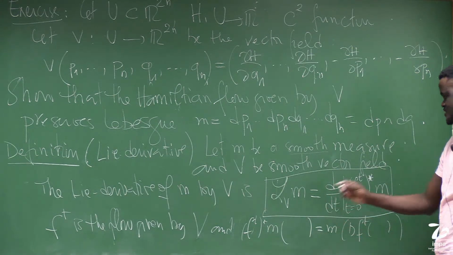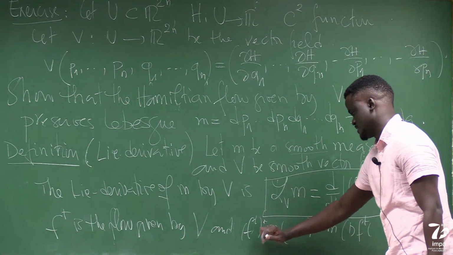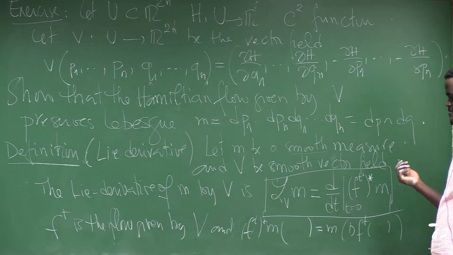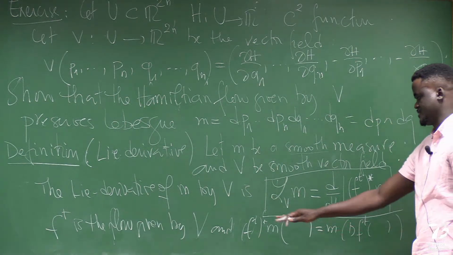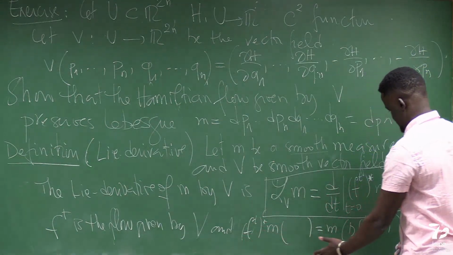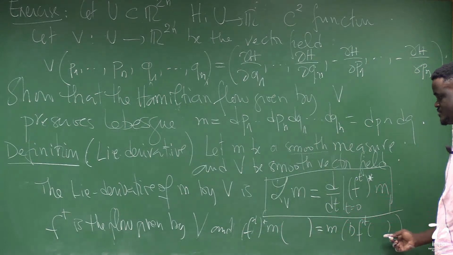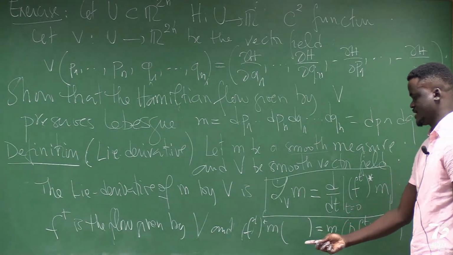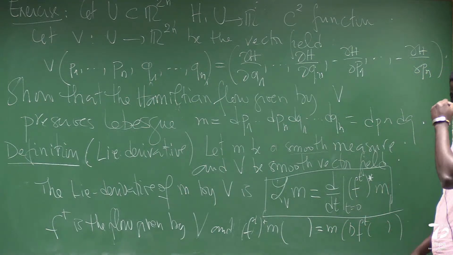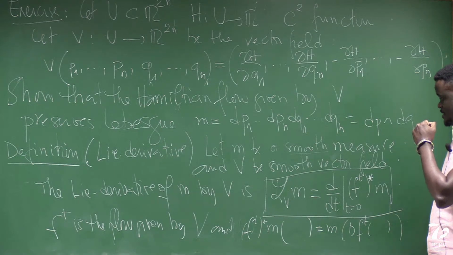In terms of measures, it's also good to see that this is just the measure of the image F_t of a set A. This is an equality when you see M as a top differential form. But if you look at M as a measure, you should put here a set A, and this will be just F_t of A.